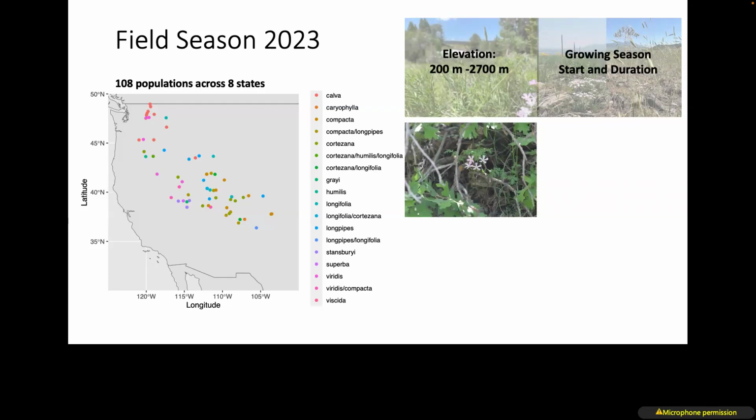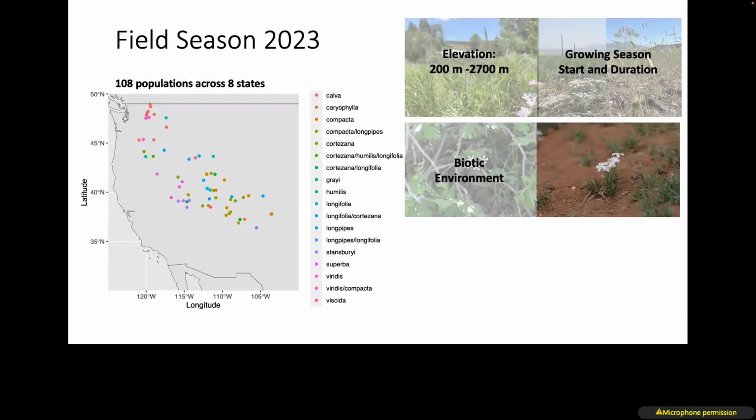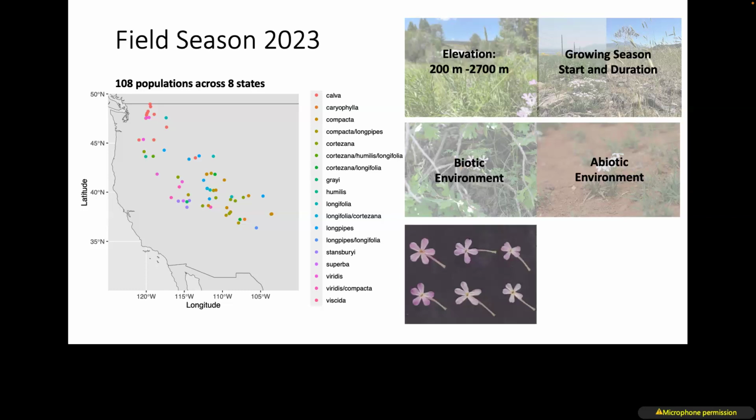So this is from a population that is relatively unusual in that it's in a woodland environment, whereas most populations are strongly sagebrush and desert associated. I sampled from diverse soils and other abiotic variation. This is one of my populations that is very strikingly different in floral morphology.